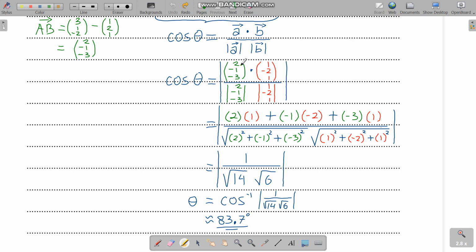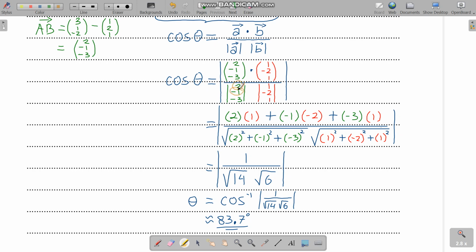For the dot product, we multiply corresponding components: the x component 2 times 1, the y component, and so on, and then add everything. This is the dot product. For the magnitudes, we use Pythagoras: square root of the square of each component, added together.